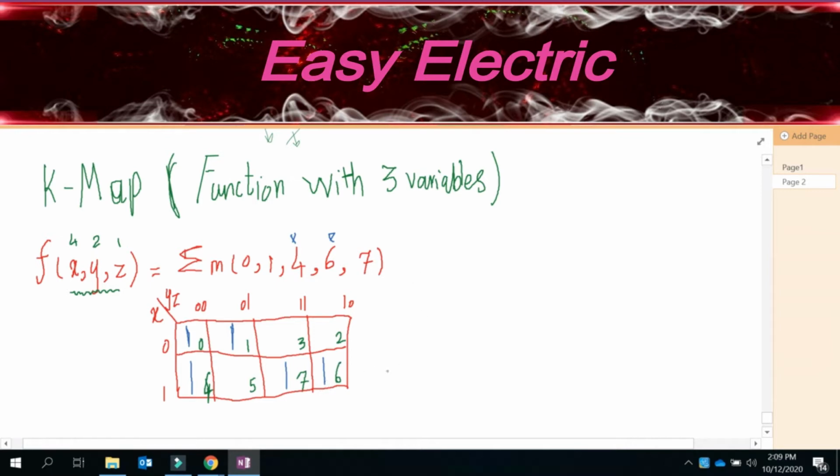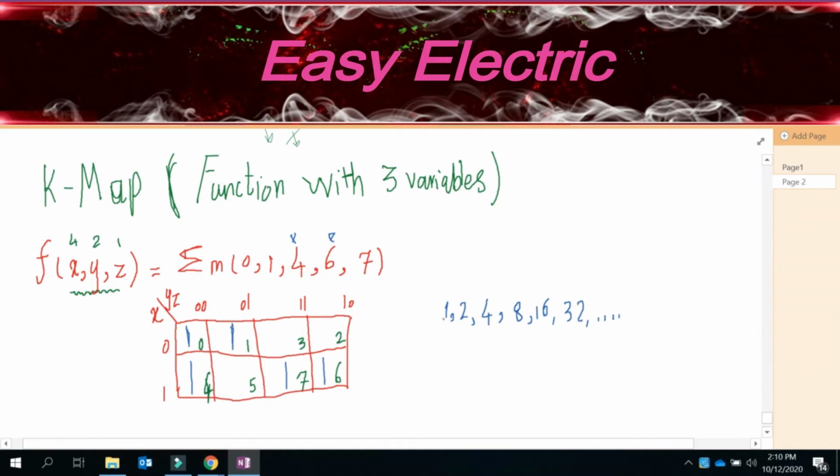As I mentioned in our last class, a group could have one member, 2 members, 4, 8, 16, 32, all the time 2 power n, okay?